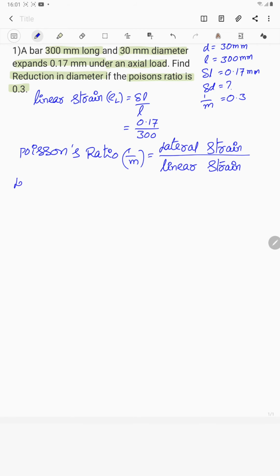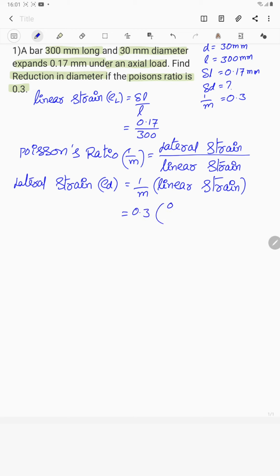From this, lateral strain ED equal to 1 by m times the linear strain. Linear strain is also called longitudinal strain. So 1 by m value 0.3. Linear strain is 0.17 by 300.